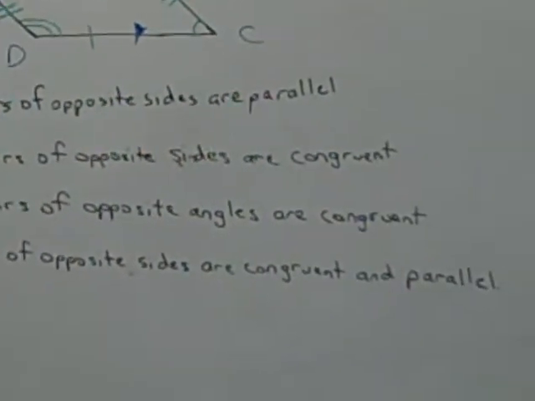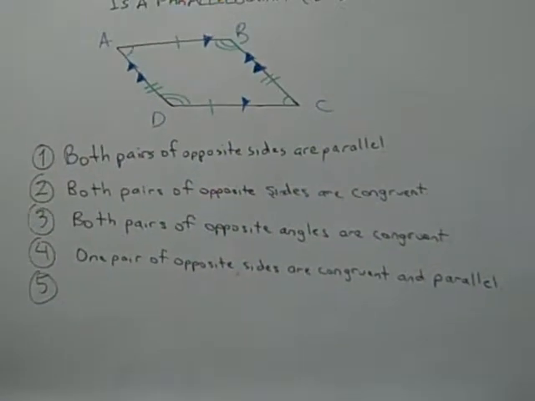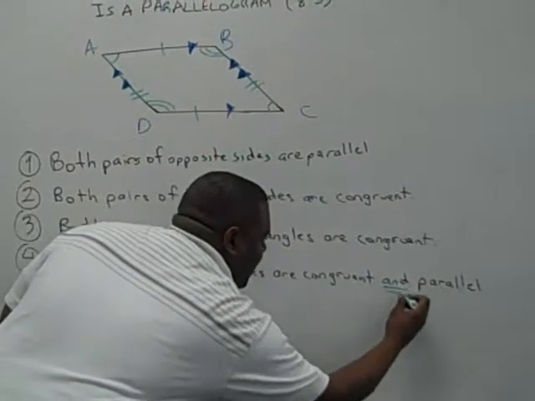So we don't have to worry about both pairs, we just have to worry about one pair. We can prove that they're both congruent and parallel, and I'm going to go ahead and highlight the word "and."